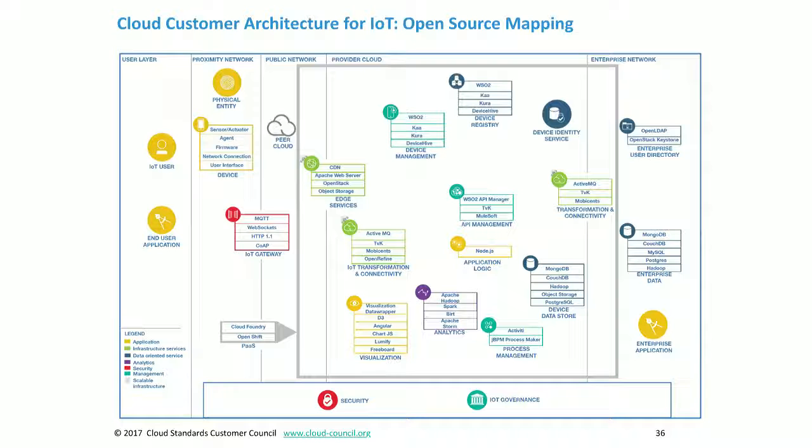These can be used for dashboard reporting and visualization. And the last one there is Cloud Foundry and OpenShift for Platform as a Service, very commonly used open sources. So those are some of the open sources we recommended for addressing components and subcomponents.